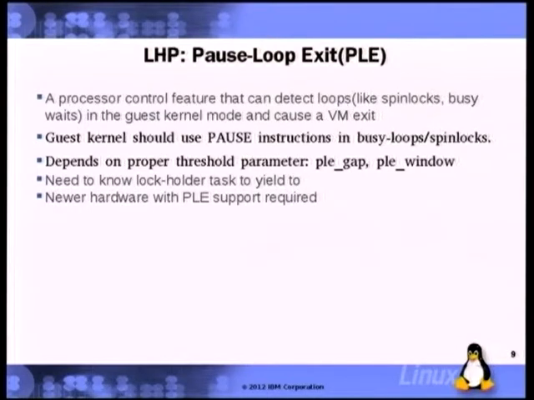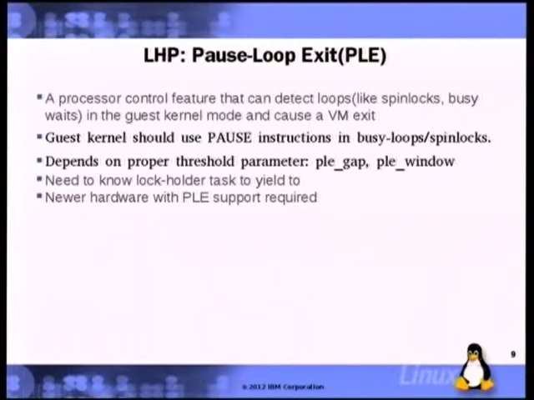This is basically done in the hardware. There are some registers that can be programmed for the threshold at which you want to do the exit. One of the limitations is that the guest kernel should use pause instructions in the busy loops or spin locks.